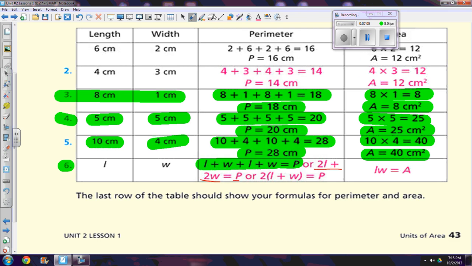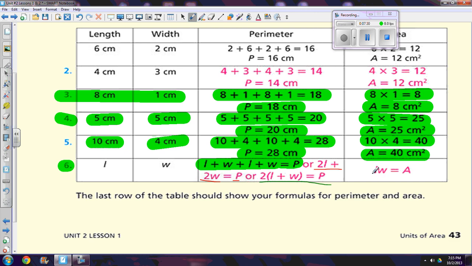Or you could even represent it this way. 2 parentheses length plus width, close the parentheses, equals the perimeter. So copy that down for number 6. Copy all 3 ways.